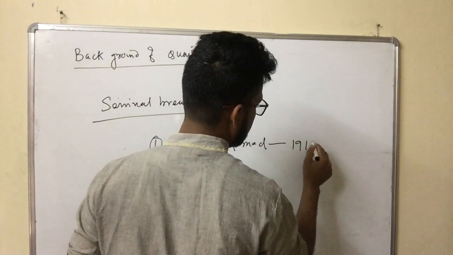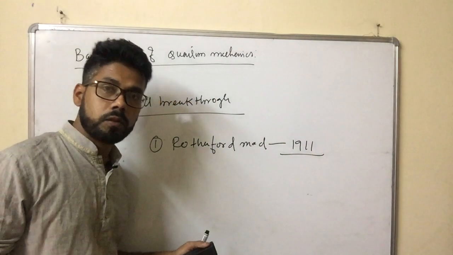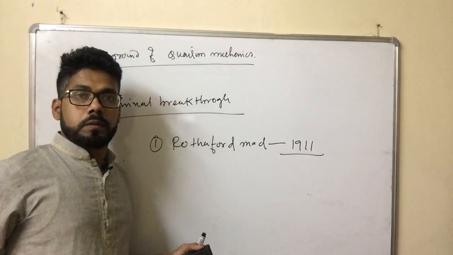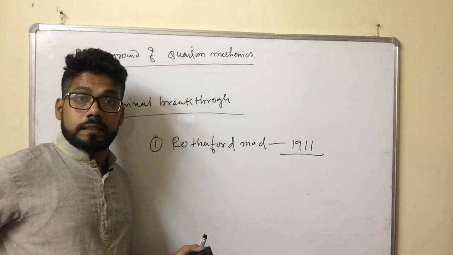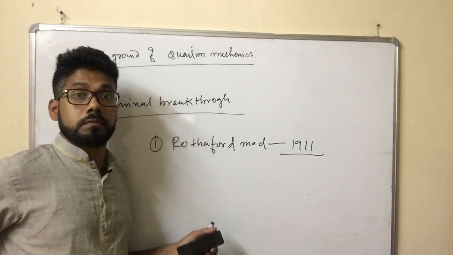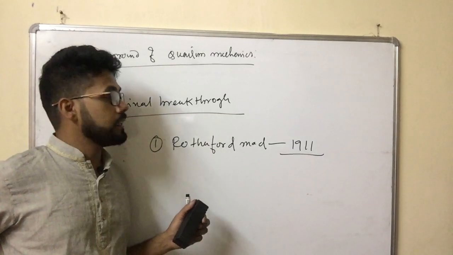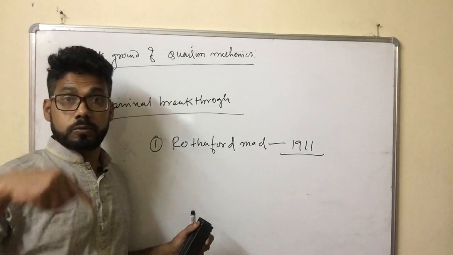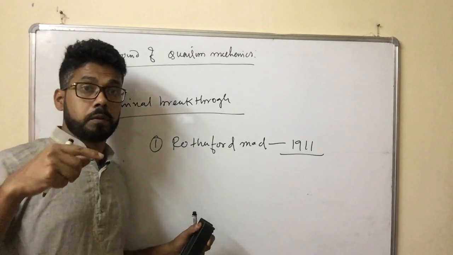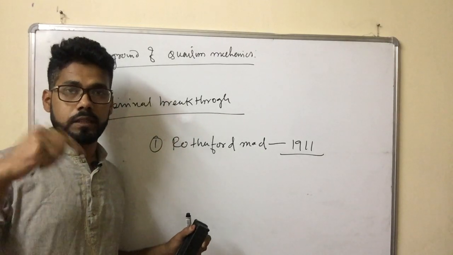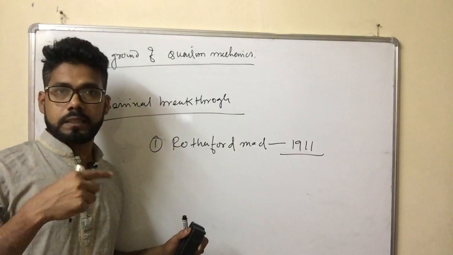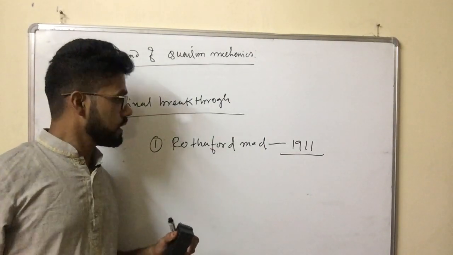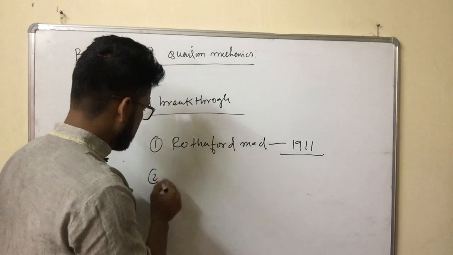That is in 1911. Rutherford provided a theoretical model that discovered the existence of the nucleus in 1911. That is after the photoelectric effect and blackbody radiation experiments, Planck's theory and the photoelectric effect. Number two, Bohr's theory.